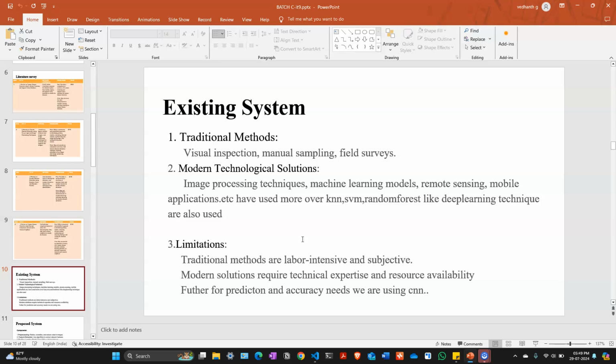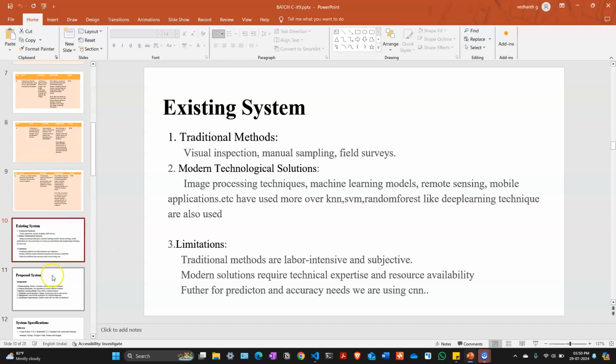Then came modern technological solutions, but they gave a little less accuracy when compared to deep learning projects. These limitations were labor intensive and subjective. Modern solutions require technical expertise and resource availability. As older projects needed some sort of technical expertise, we have solved that using a Flask-based web application.